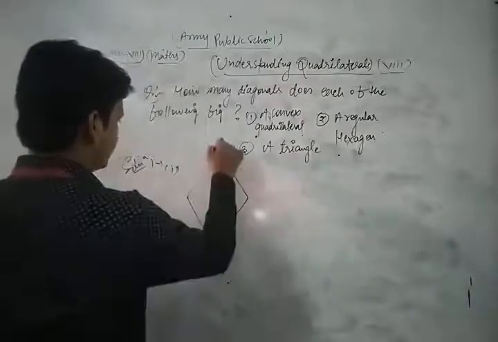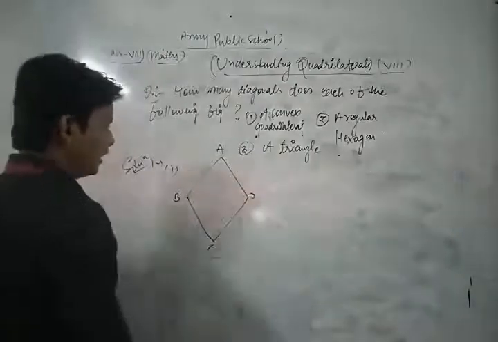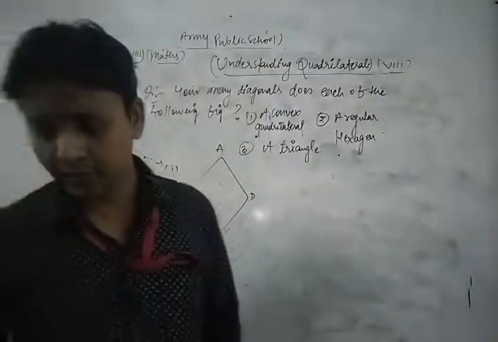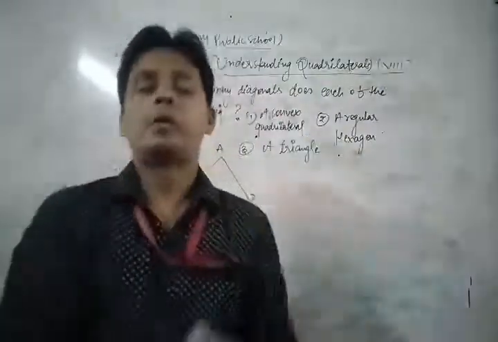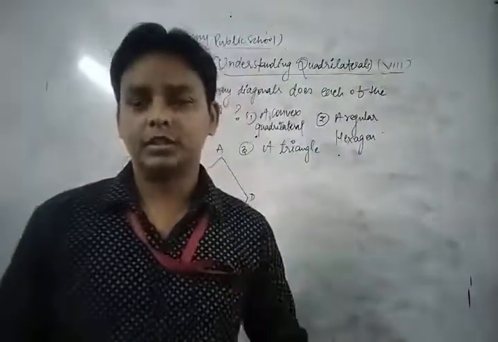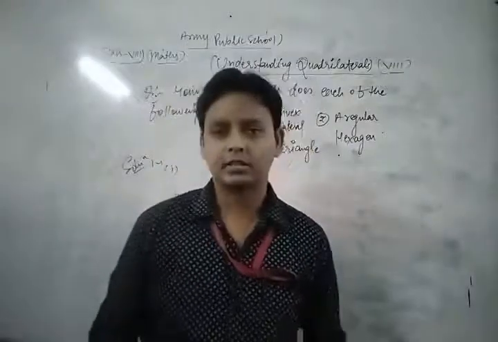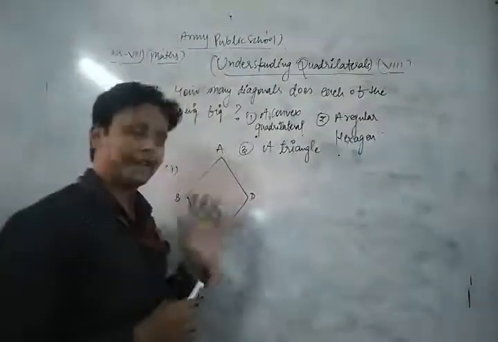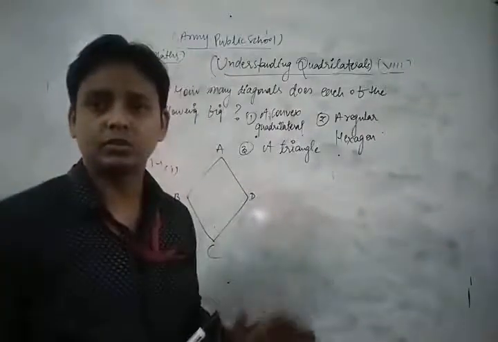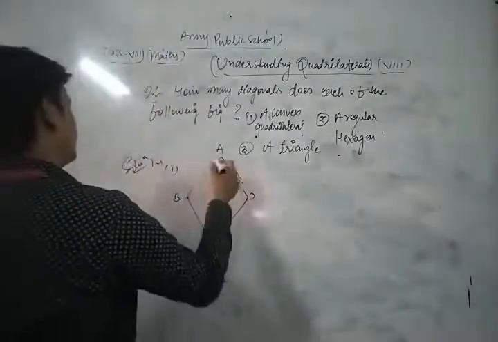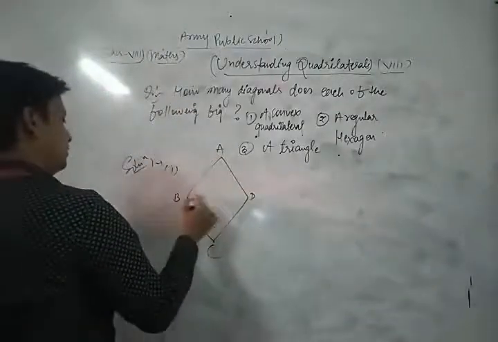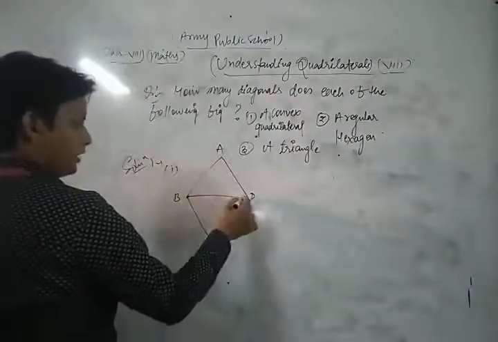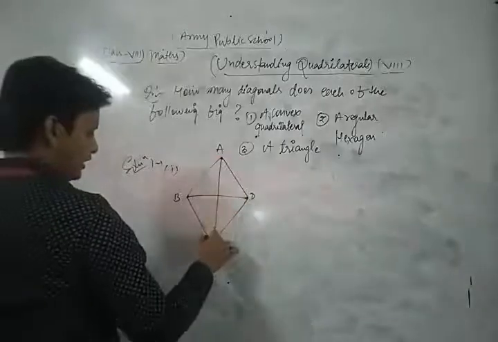This is the convex quadrilateral ABCD. What is a diagonal? We just discussed that concept. The line joining the opposite vertices of any type of quadrilateral is known as its diagonal. So here the opposite vertices are A, C and B, D. If we join BD, this is one diagonal, and if we join AC, this is another diagonal.